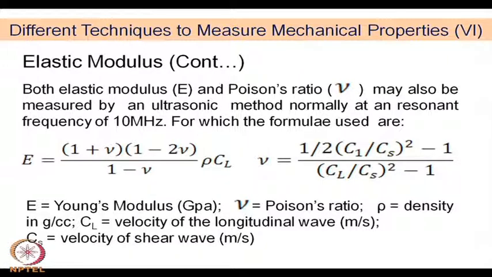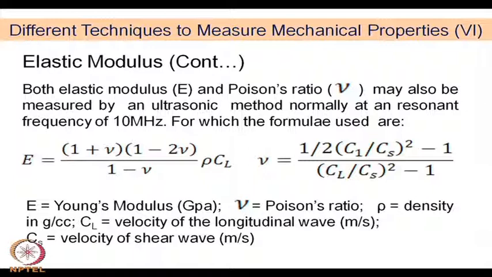Now, there is also another thing one can measure, the Poisson's ratio, by a slightly different technique. And in fact, that technique again is based on the propagation of ultrasonic sound through the material.